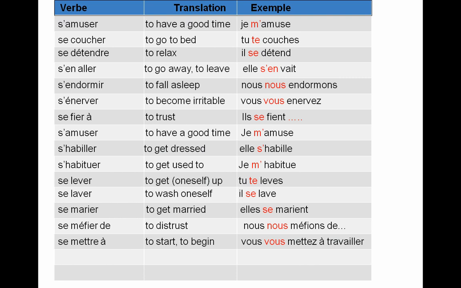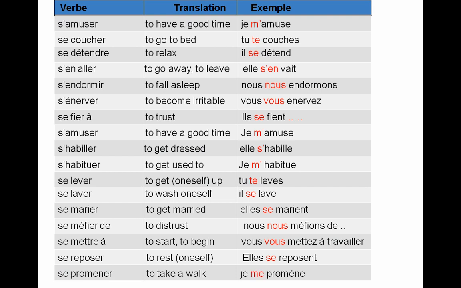Anyways, se mettre à, to start, to begin. Vous vous mettez à travailler. You start working, basically. Se reposer, to rest. Il se repose. Se promener. Je me promène. Okay? So, all these take a reflexive.